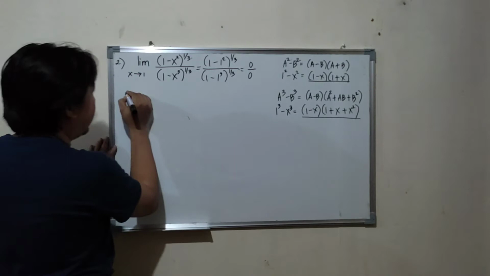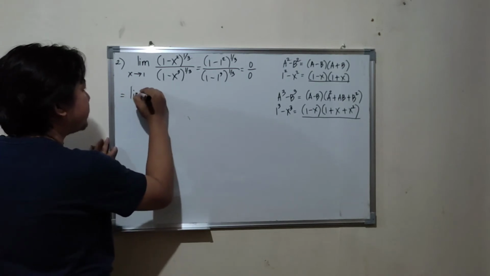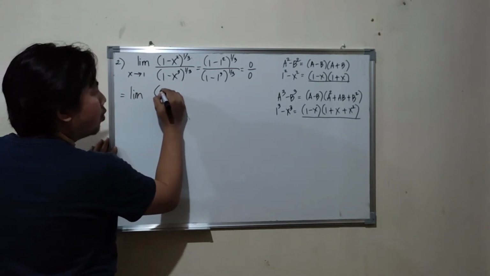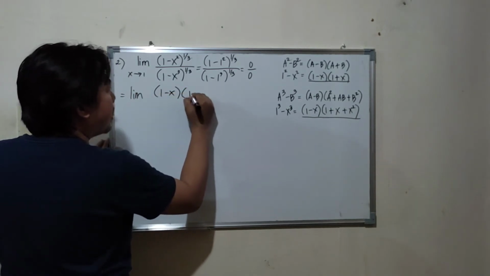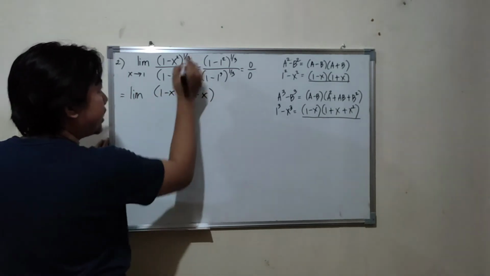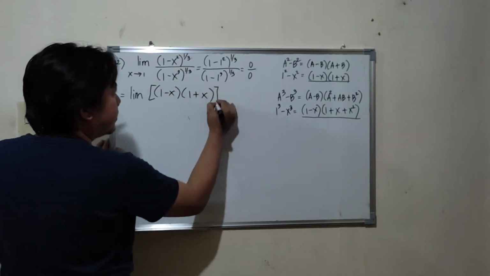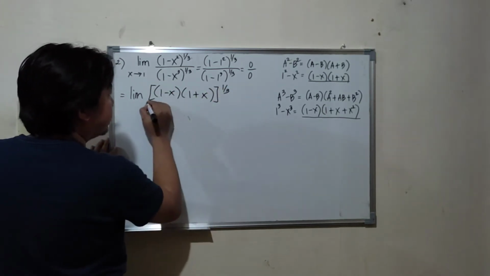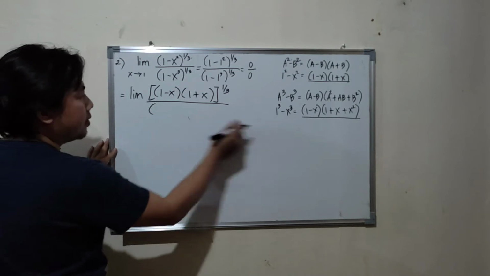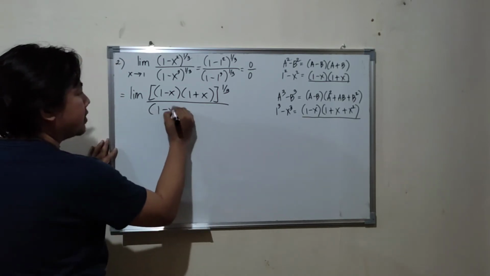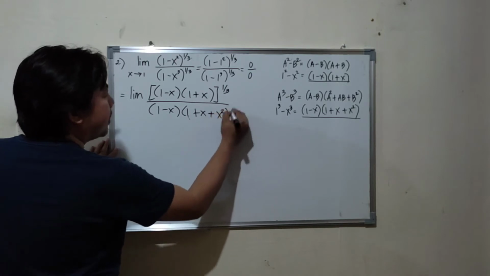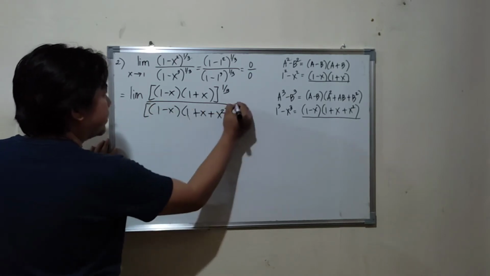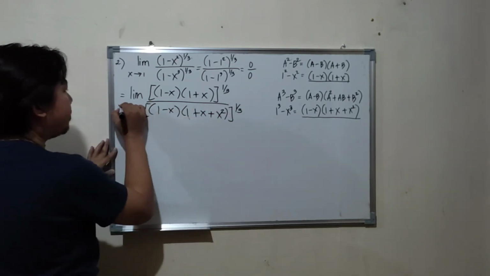So we now have the limit of (1 minus x times 1 plus x) raised to 1/3 all over (1 minus x times 1 plus x plus x squared) raised to 1/3 as x approaches 1.